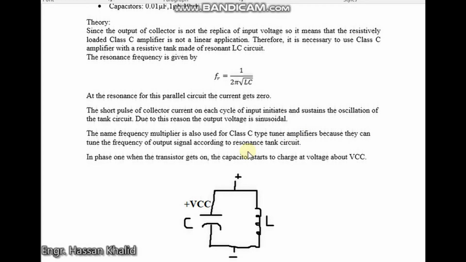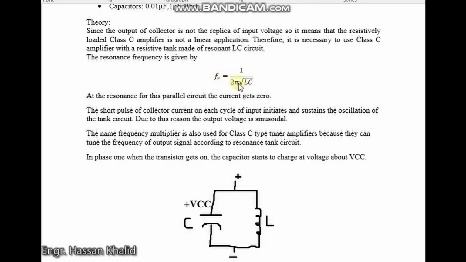One of the major advantages of using this circuit is that it serves as a frequency multiplier. Whatever frequency is fed at the input, and you need the amplified version of the output signal, the output signal will have the frequency fixed by the resonant tank circuit.